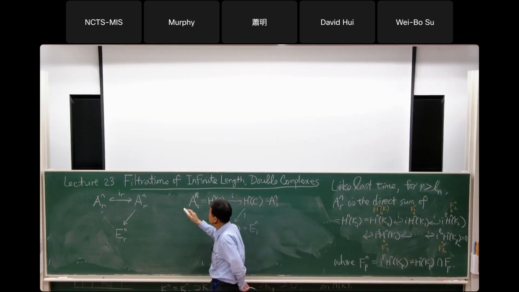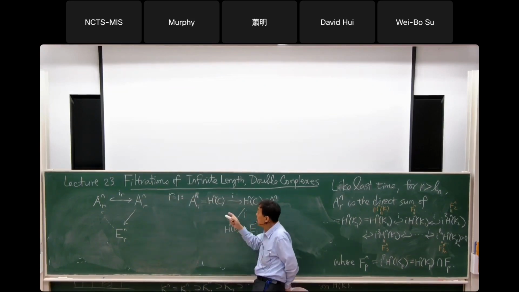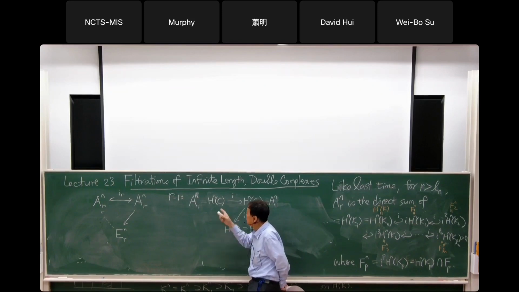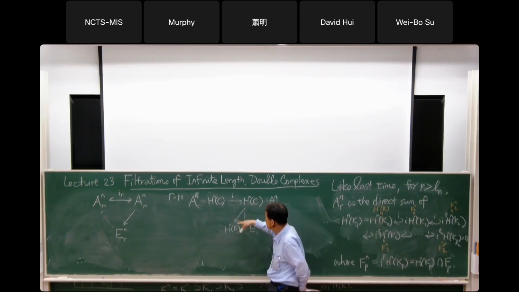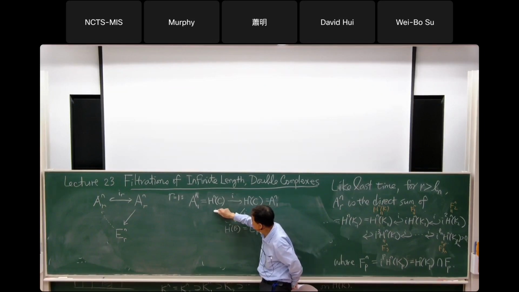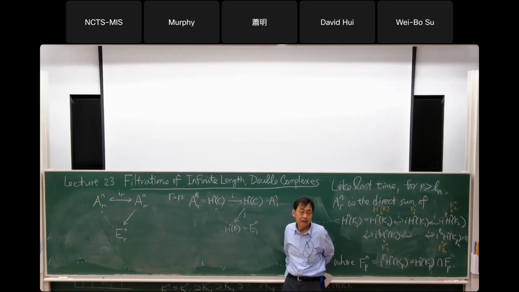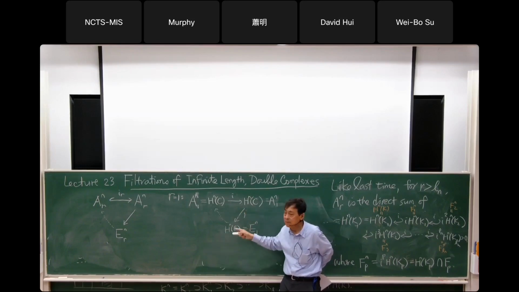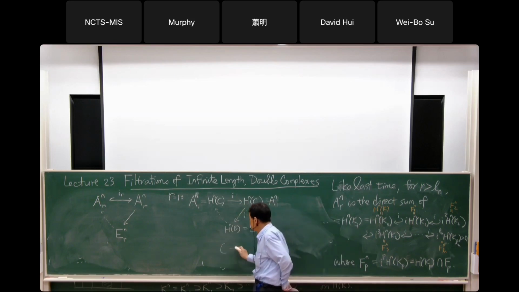When R is 1, without the n, you have an exact triangle, but when you have an n, you have a map here, but it doesn't go to H^n of C, right? Where does it go? I mean, where does this triangle come from? The triangle comes from the short exact sequence.